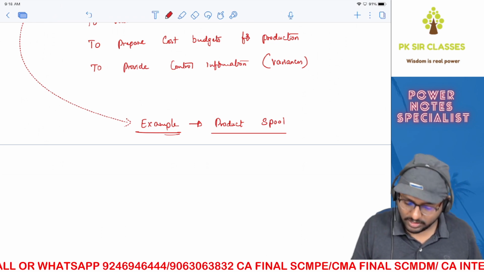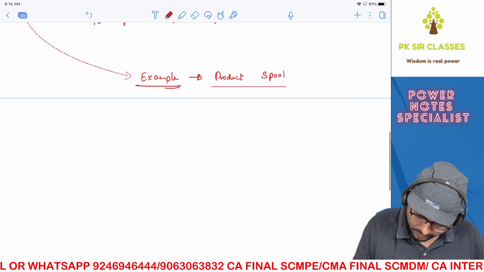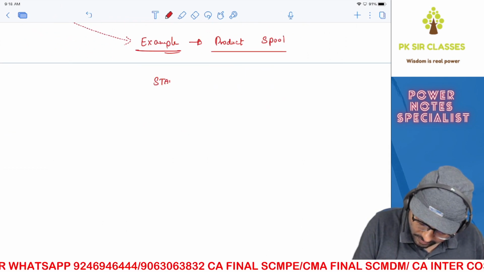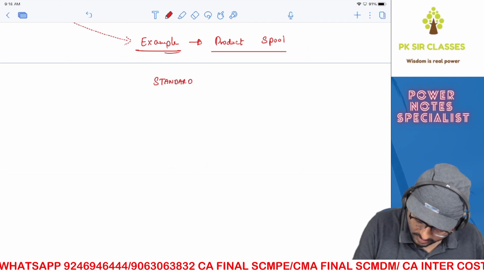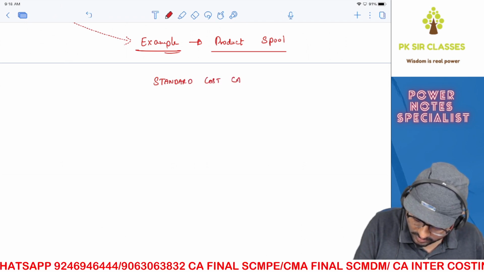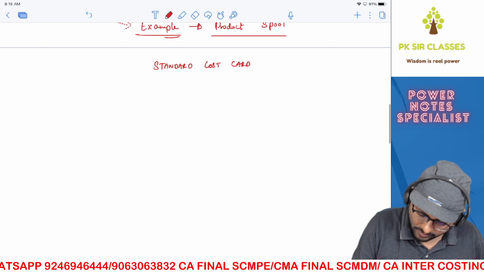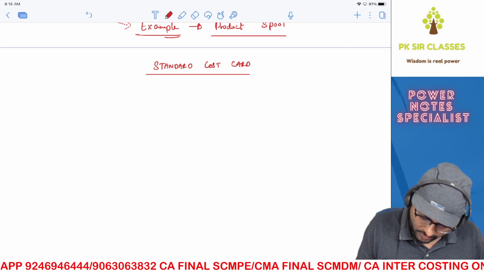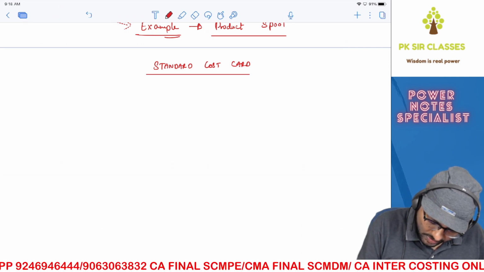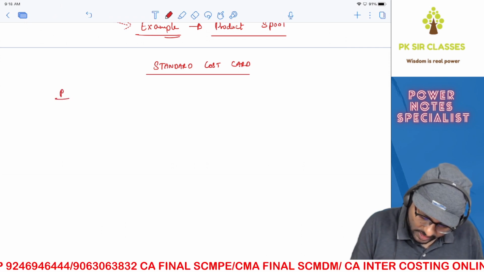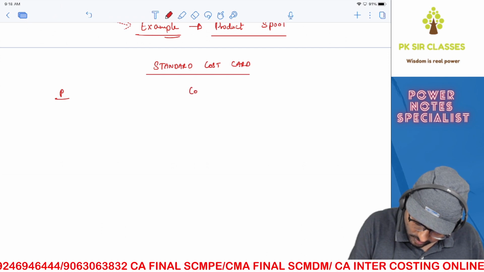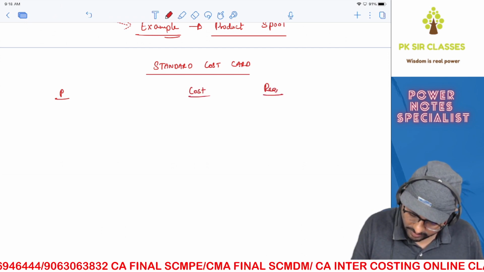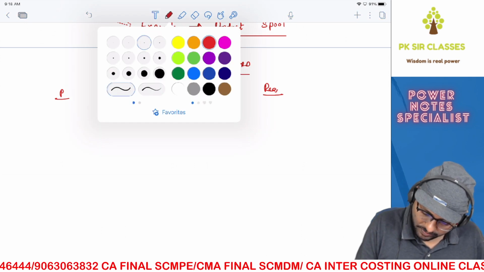Anyways, now, let us see how the standard cost card of that particular product spool looks like. So it will have particulars on one side, then it will have cost on one side, then requirement on the other side. Let's see how this works.